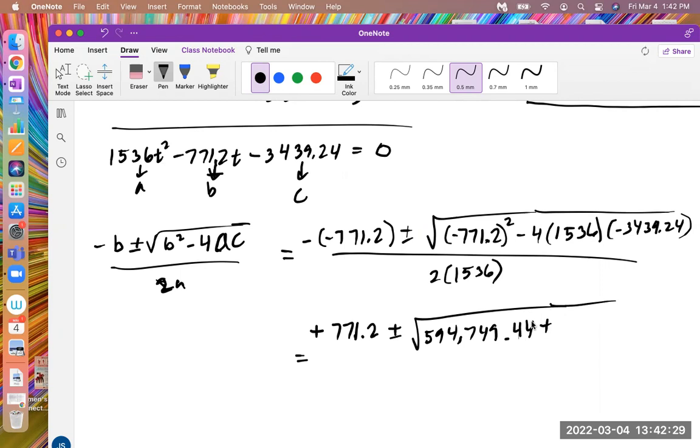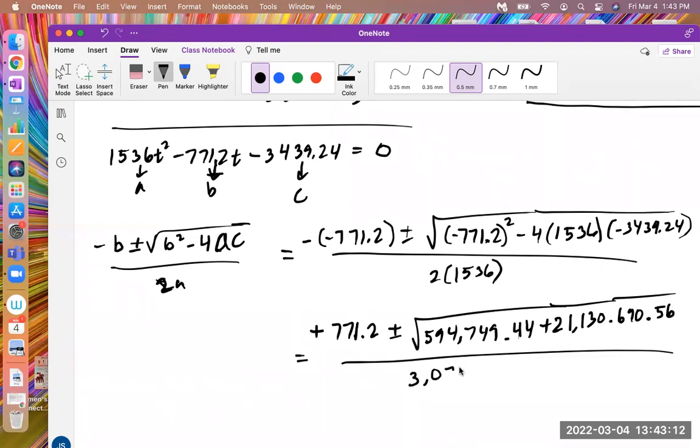So 4 times 1536 times 3439.24, and we get this 21,130,690.56 all over 2 times 1536, which is 3072.